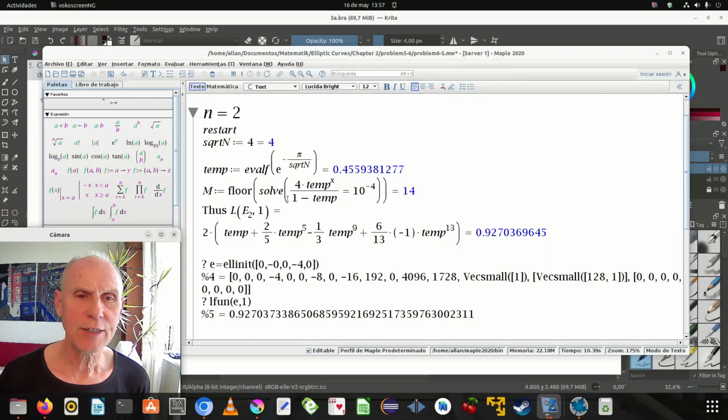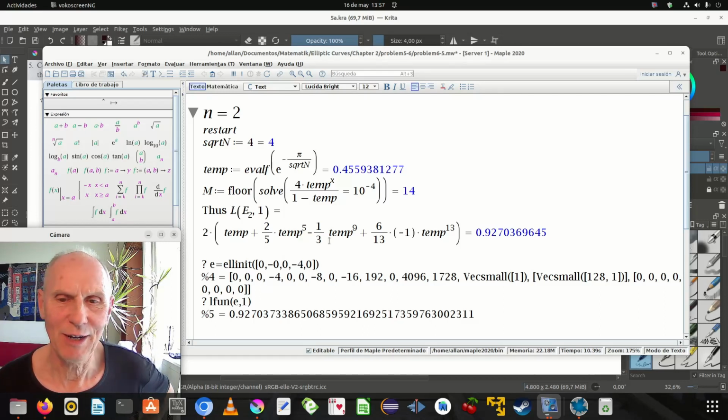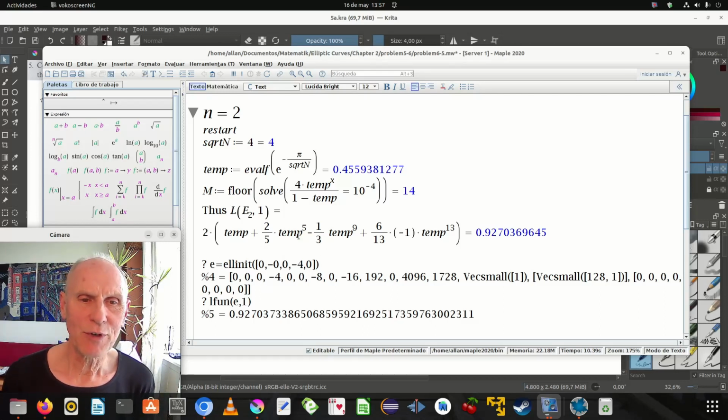It turned out I had simply forgotten a term. It took quite a while to find it. I checked all the coefficients and yeah, but I'd simply forgotten a term.